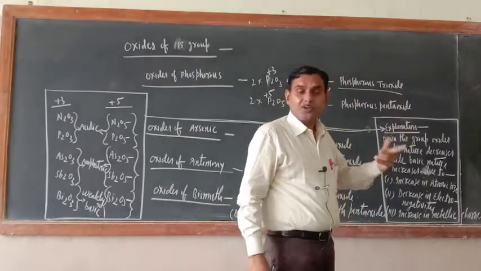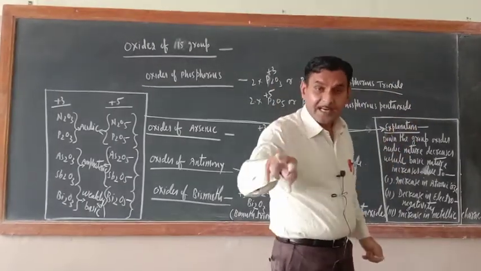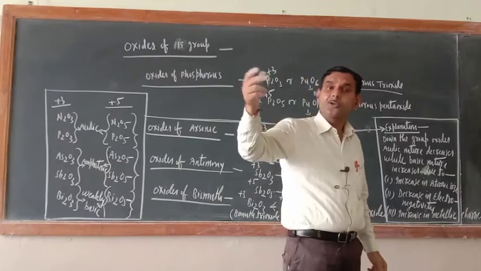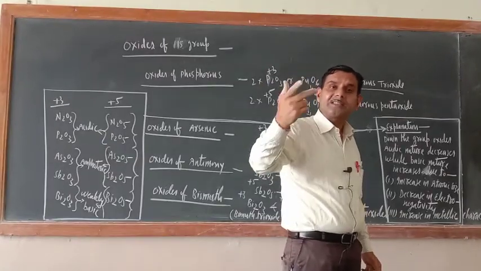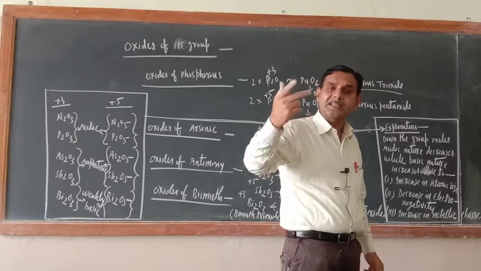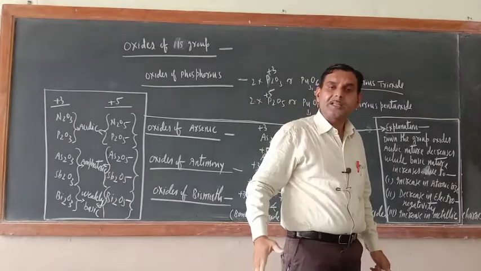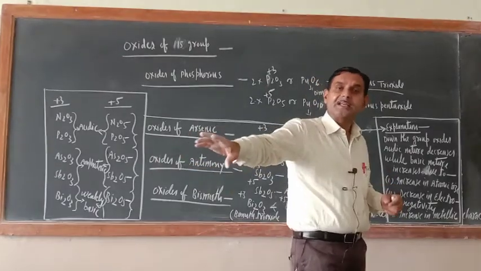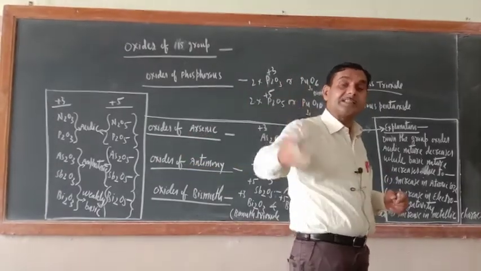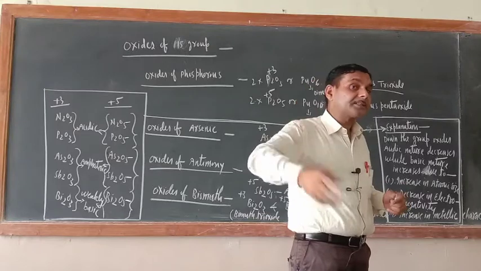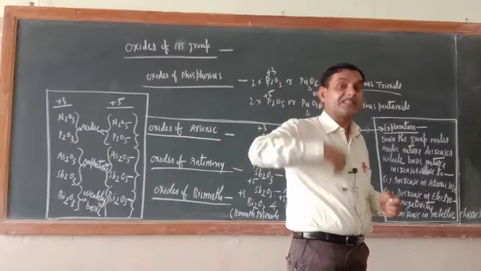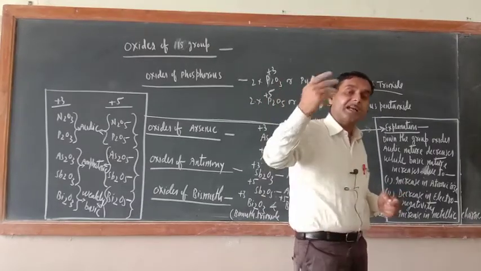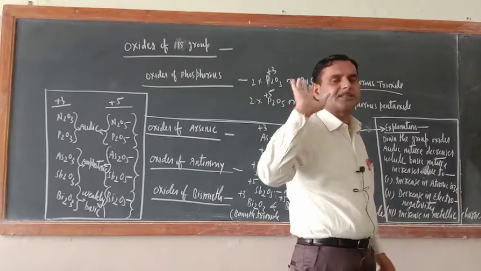When metallic character increases, already I told you metallic oxides are basic in nature, non-metallic oxides are acidic in nature. This is the only reason: down the group atomic size increases, electronegativity decreases and metallic character increases. Hence the basic nature of oxides will increase and acidic nature will decrease.